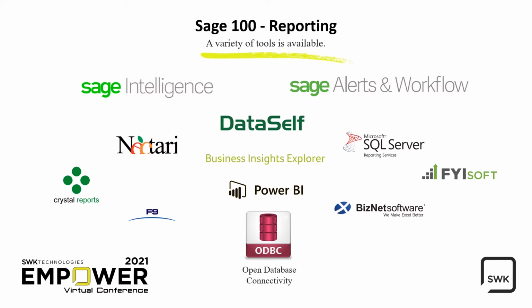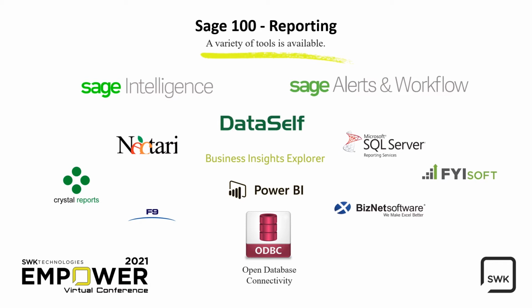A good example for this would be a report that gets emailed out when a customer crosses a defined balance due amount. If the balance due reaches a specific threshold, then Sage Alerts and Workflow could generate a report that lists all the invoices you have outstanding from that customer, and you can review those and then take action based on that.